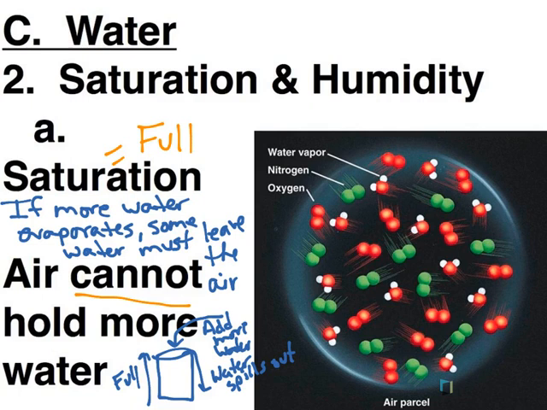If the heat rises, some water evaporates, that water is going to push other water out. And so in this case, water spilling out basically means condensation. So it could be dew forming on leaves. It could mean the formation of clouds. All of these are ways of that saturated air condensing water out as more water is added to it.